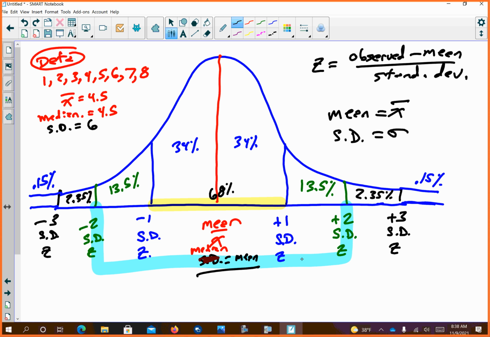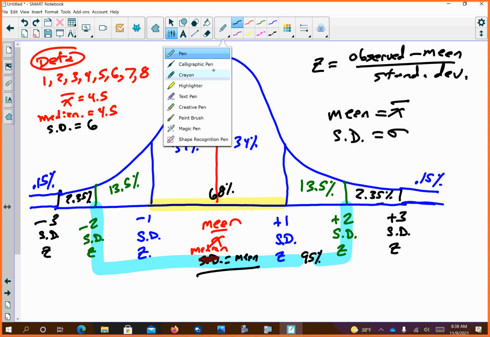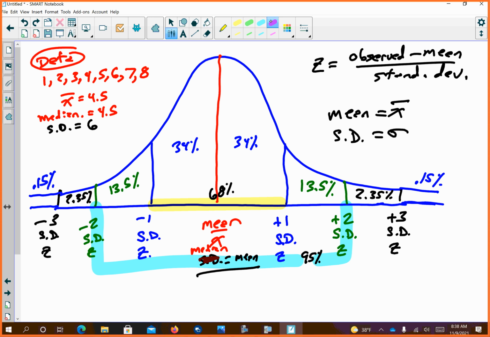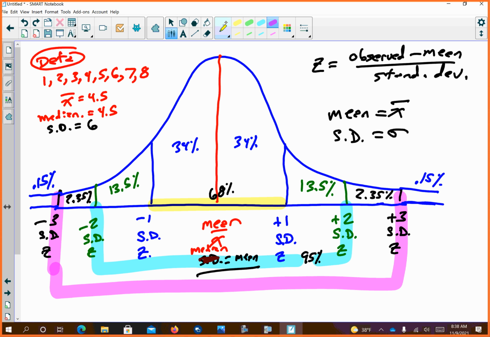So the blue is 95% of our data. And then one last one, highlighter, go to pink. If I go out to that, it needs to encompass 99.7% of our data.